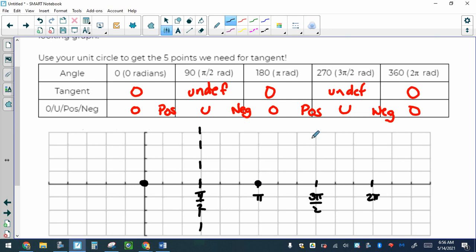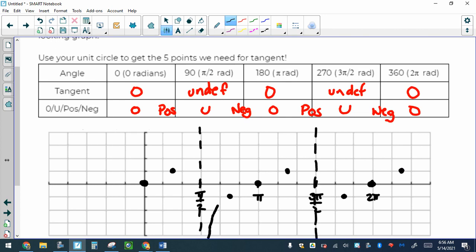We're back to 0, undefined, back to 0. Now the positives and negatives happen halfway in between, and it kind of works like our amplitude. So the negative is really at -1, the positive is really at +1. I always finish this off by drawing that last one, even though I know it's technically outside of the 2 pi.